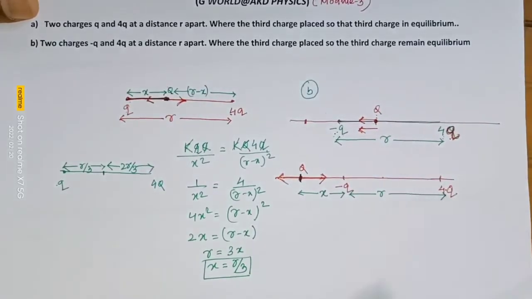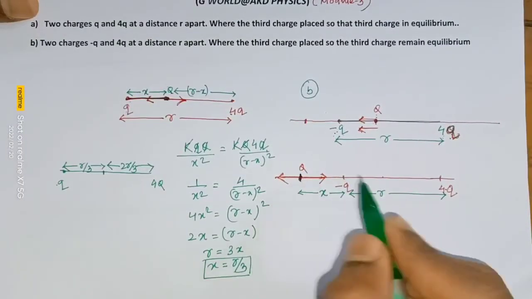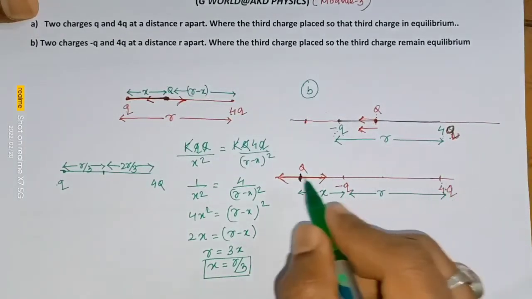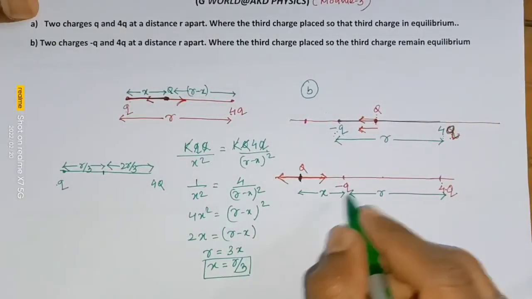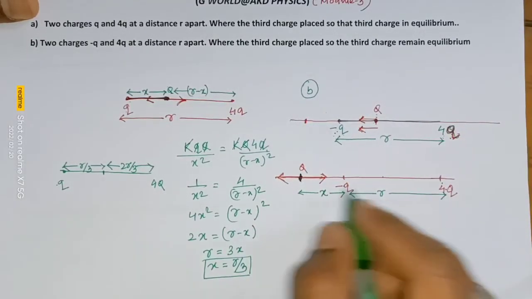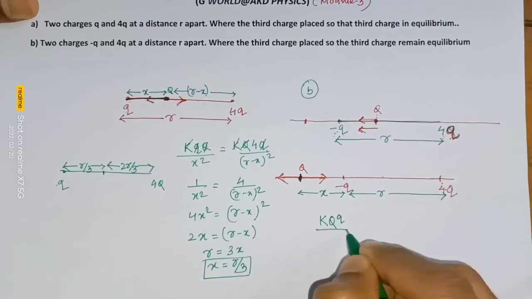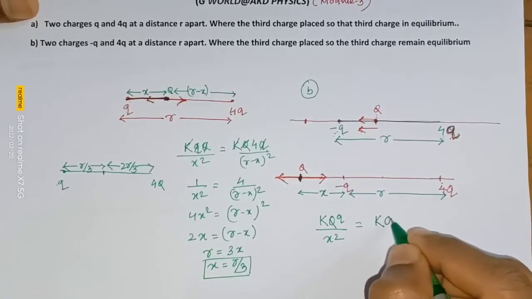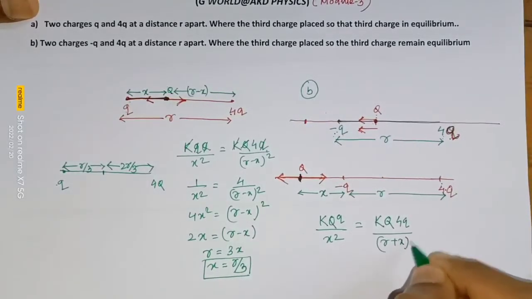The other distance is already given in the question. At this point the net force is 0, so the force due to this charge equals the force due to the other charge. Always write the magnitude of the forces. So kQq upon x square equals kq times 4Q upon r plus x whole square.